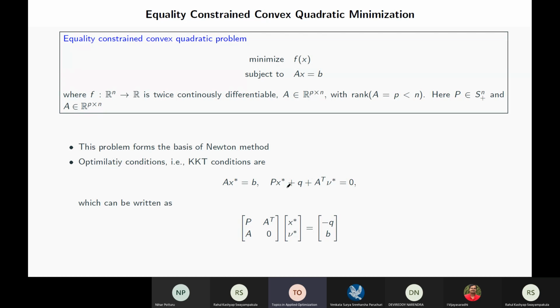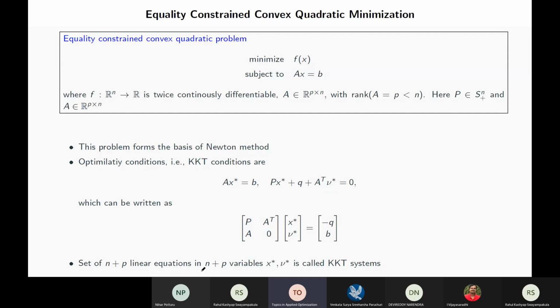If you know that this is of the form x transpose Px, this is the way you will go ahead to solve. Basically, you just write the KKT conditions, and after that you see that they can be assembled as a linear system.